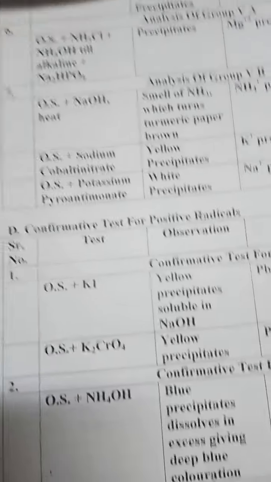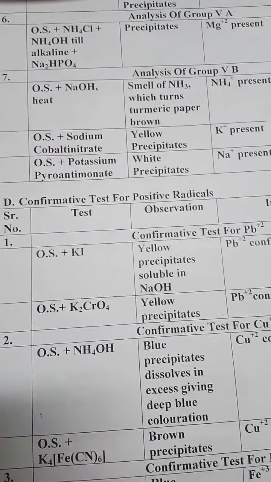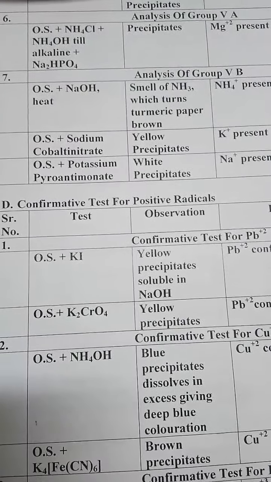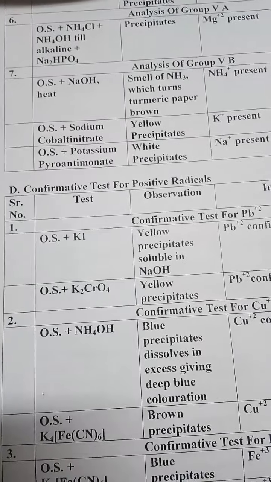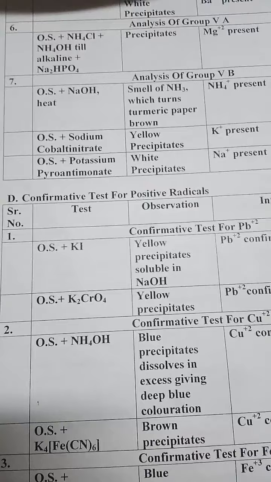Next we have to perform the test for K+: OS plus sodium cobalt nitrite. We take a small amount of OS, and in that we add sodium cobalt nitrite.